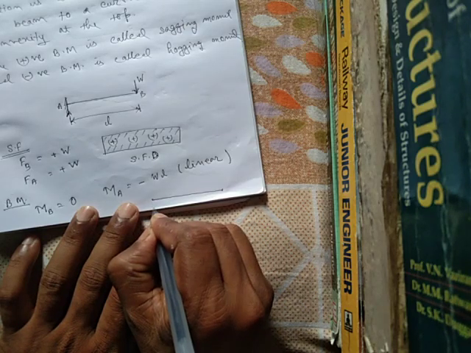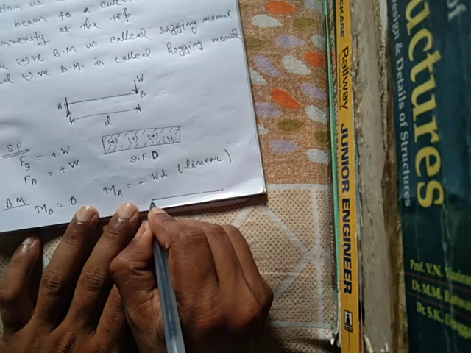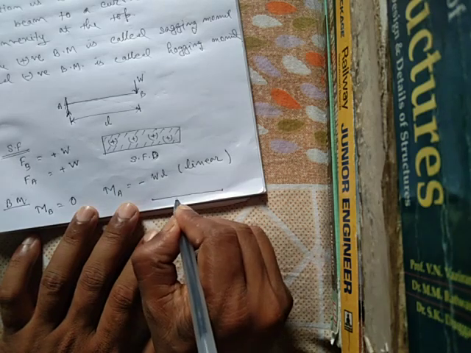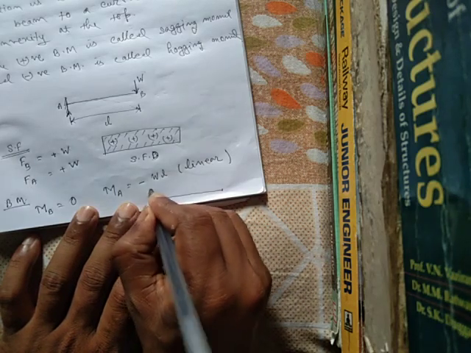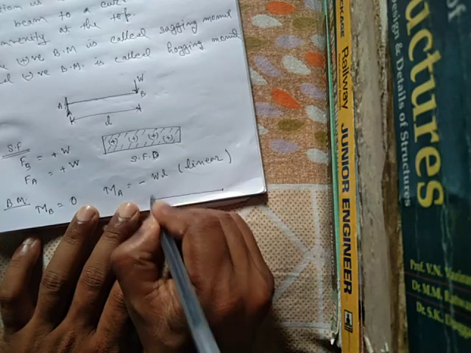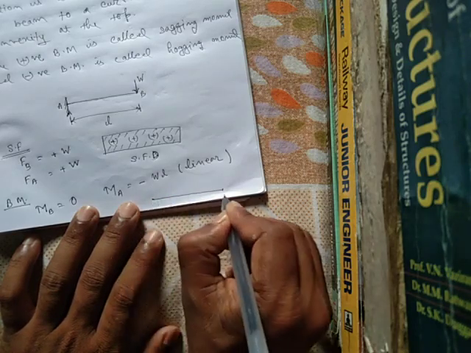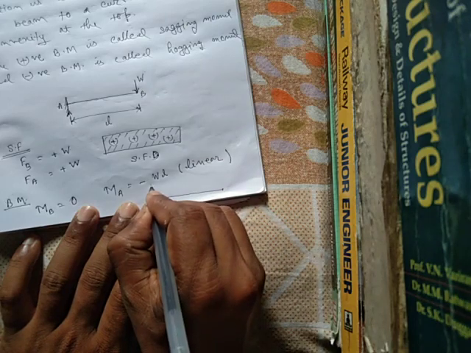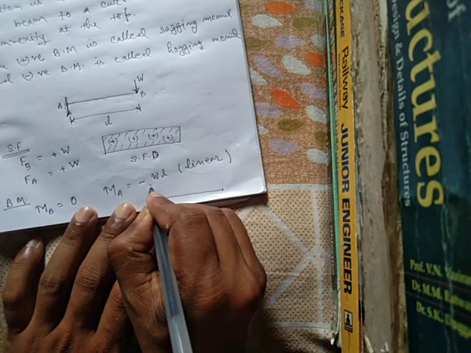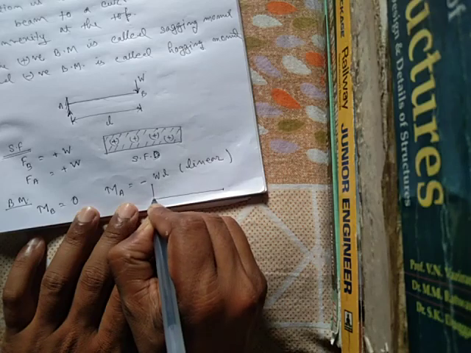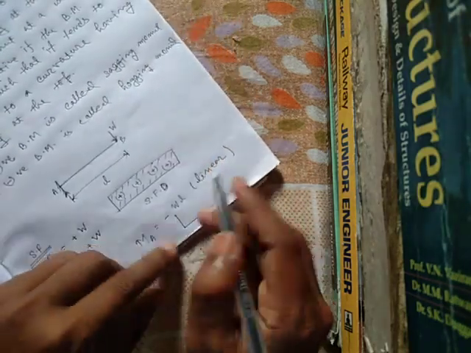Below the base I would draw it, but I have no space on the lower side, so let me draw it on the upper side. You can imagine it. This is the W into L. This is the linear shape.